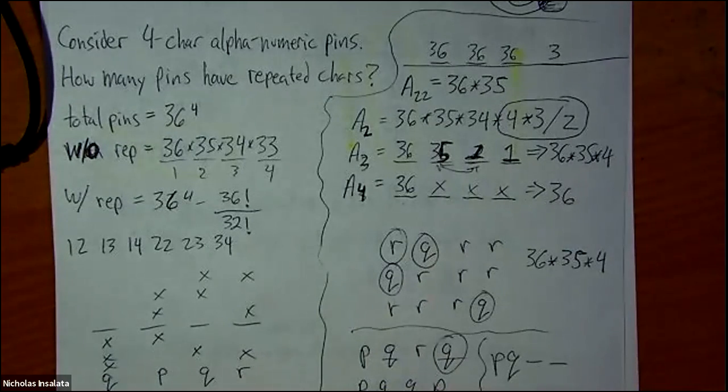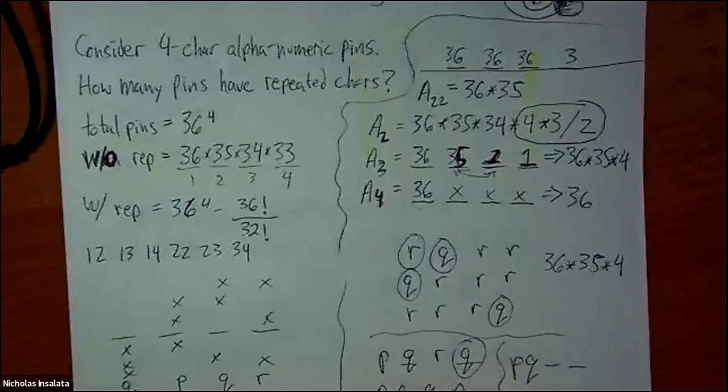But what's the other thing we need to be worried about besides the identity of the characters? Yeah, the positions of the characters, exactly. And now we're working with 2 pairs. So again, there's 6 ways to arrange them. Is that right? Let's think about this.